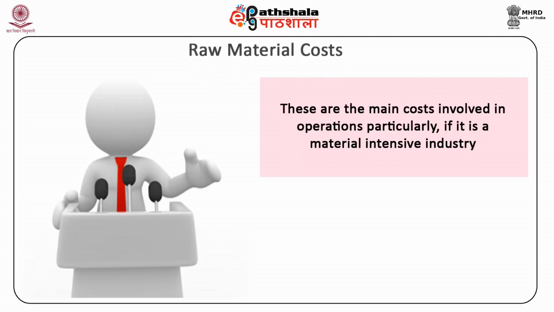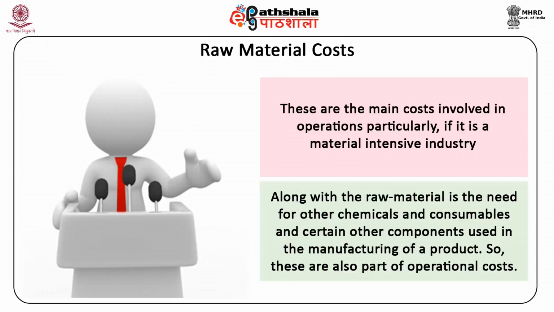These are the main cost involved in operations, particularly if it is a material intensive industry. Along with the raw material is the need for other chemicals and consumables and certain other components used in the manufacturing of a product. So, these are also part of operational cost.